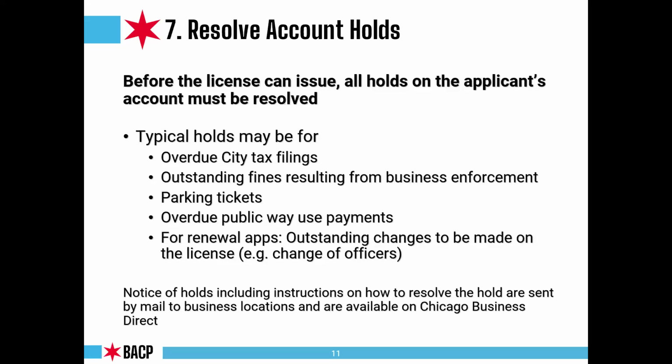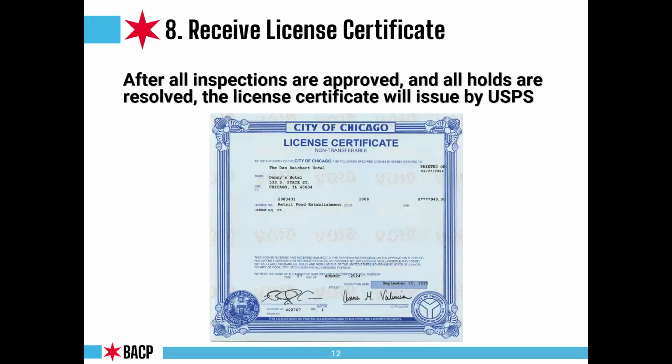So after all inspections are approved and after all the holds have been resolved, then congratulations! Your license certificate gets printed or issued, and you can open for business. You cannot conduct business until your license certificate has been issued, until you've received final approval by the City of Chicago, by the Department of Business Affairs and Consumer Protection.